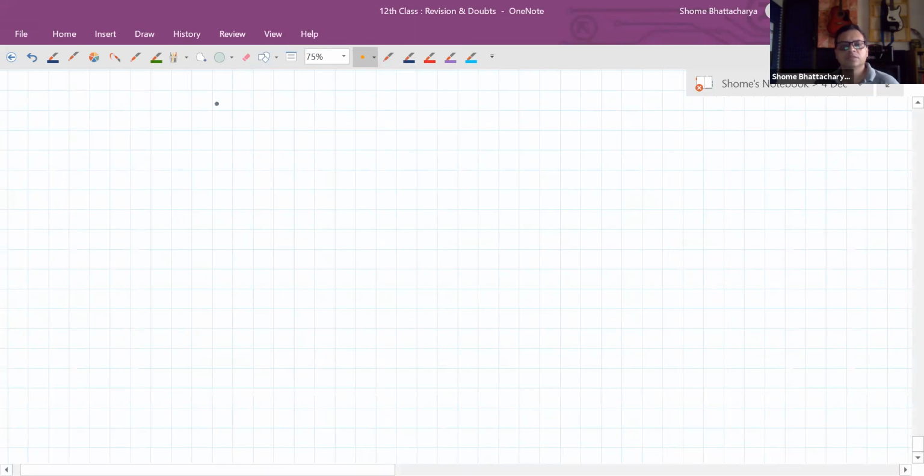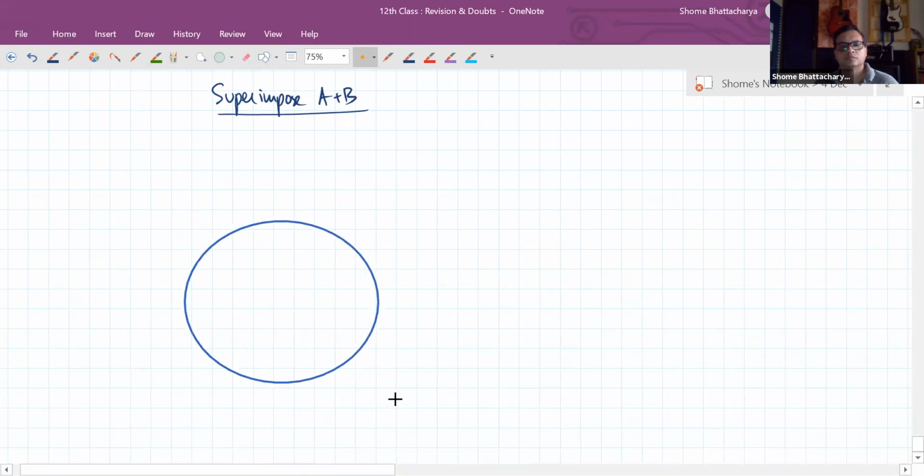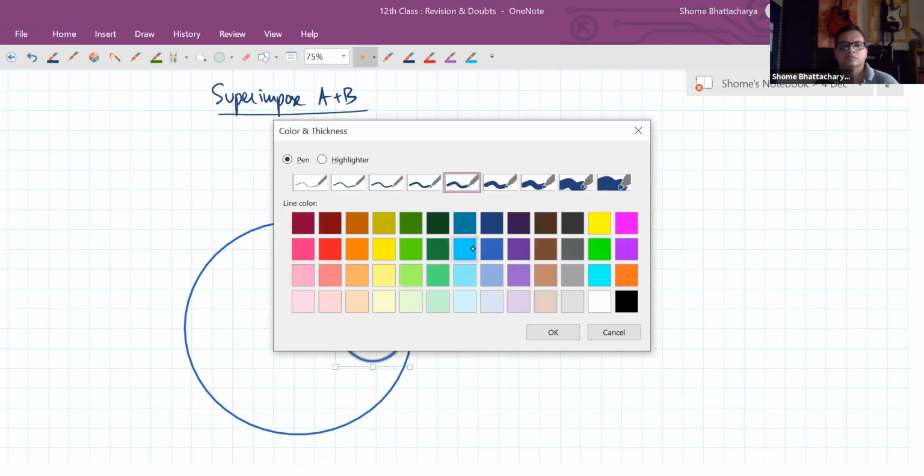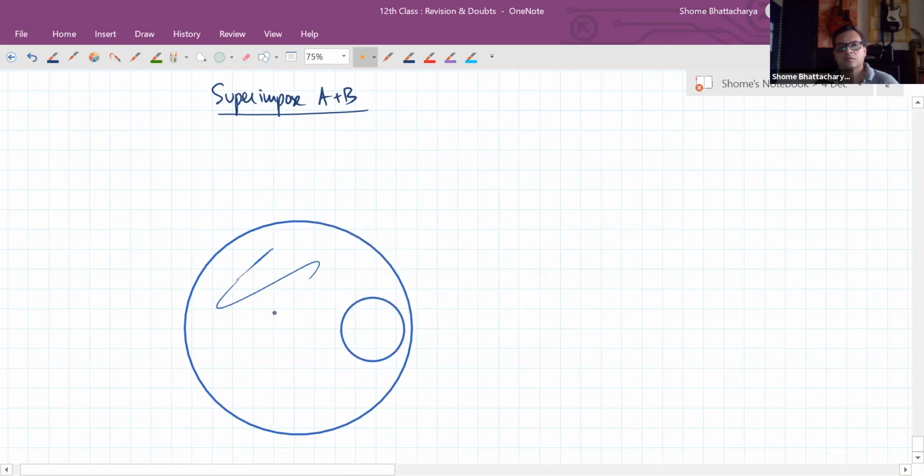So now when we superimpose events A and B, we'll see that there is a very strange kind of distribution on the surface.